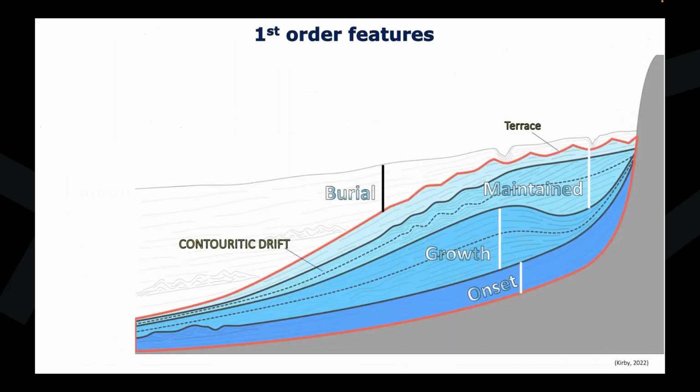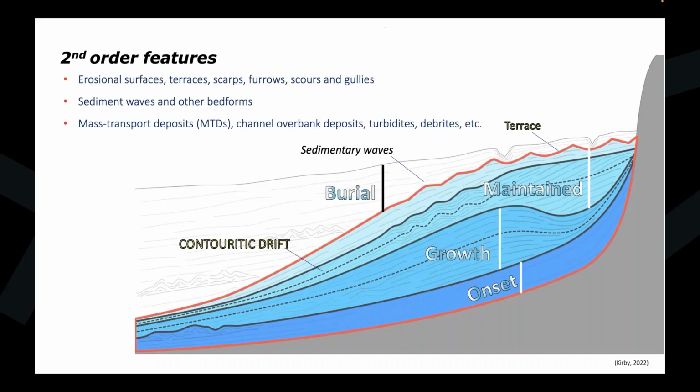Here you have in this sketch from Adam Kirby the different steps: onset and growing. Some people consider also a maintained stage at the end. For example, the drift is a third order feature. The channels or moats or terraces are also third order because they are very large.